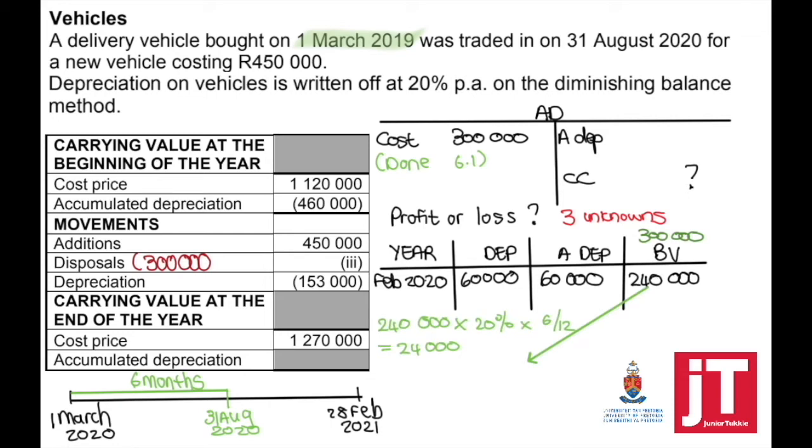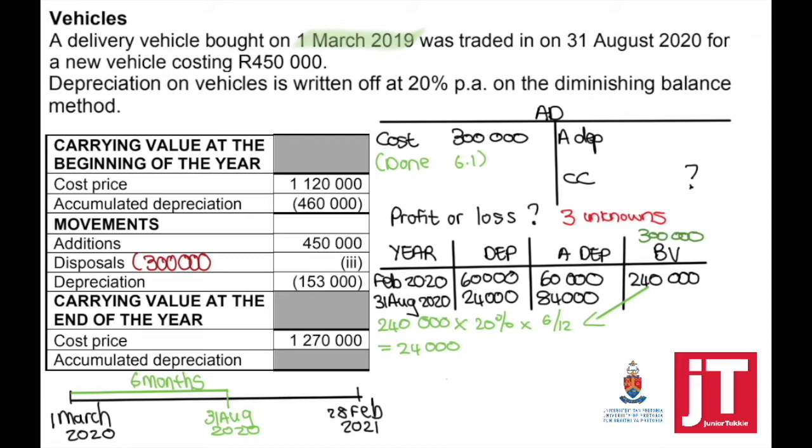Now we can calculate the depreciation by taking the 240,000 times 20% times 6 over 12, and that equals 24,000. To calculate the accumulated depreciation, we take 60,000 plus 24,000. Remember, depreciation is always added to the accumulated. So the total accumulated depreciation is 84,000.